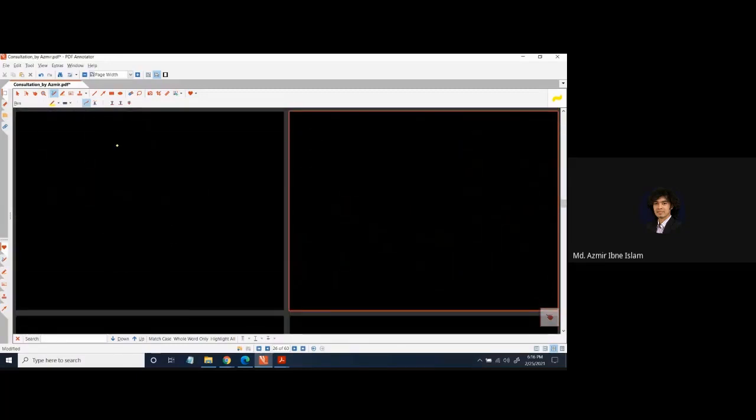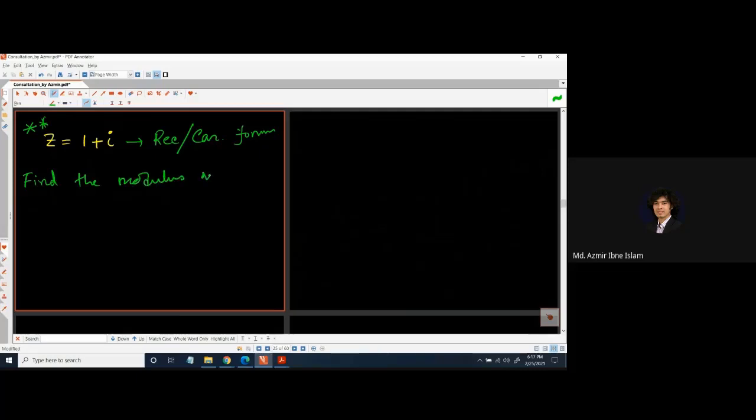So suppose we have z equal to 1 plus i. Obviously this is in rectangular form or Cartesian form. But from this complex number, suppose the question is to find the modulus and argument.